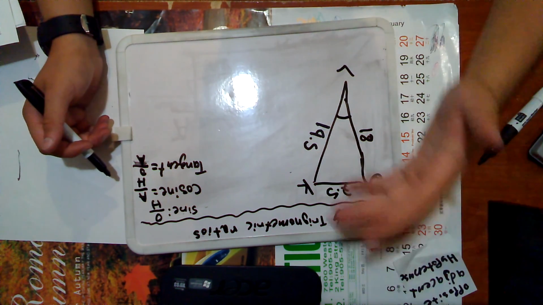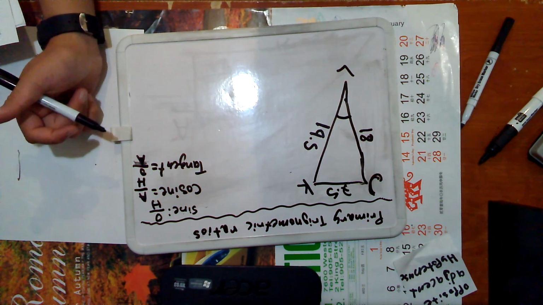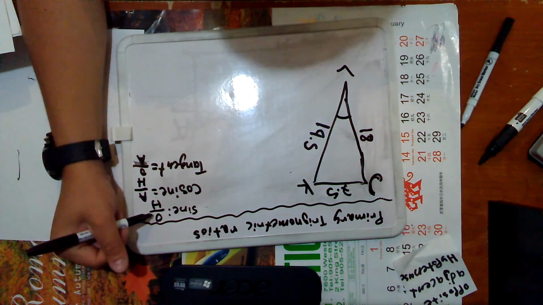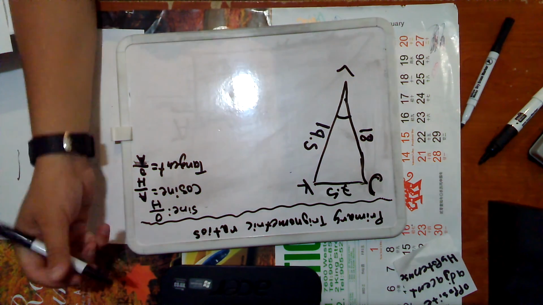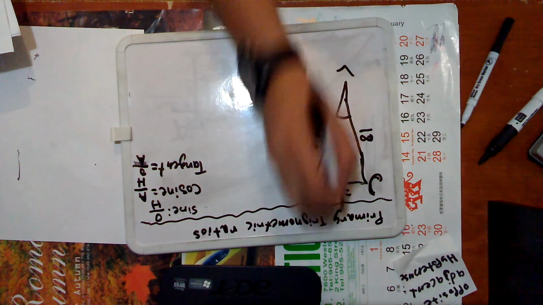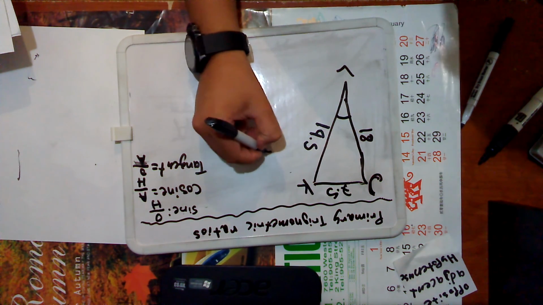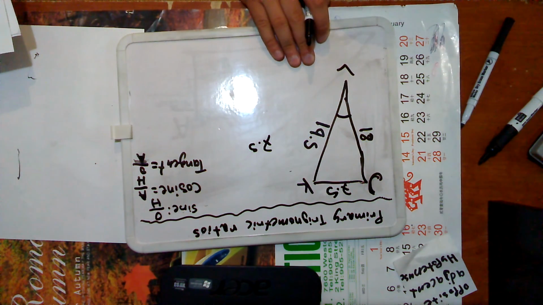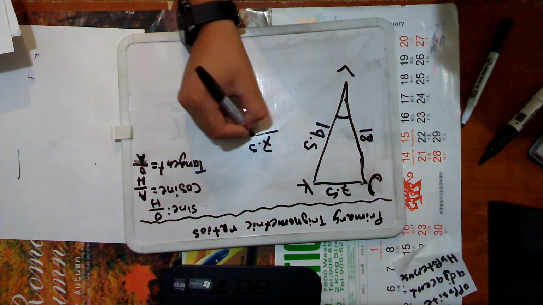Now, what is the relationship of sine? First you want to see what sine is made of: opposite over hypotenuse. Our opposite is 7.5. Our hypotenuse is 19.5.